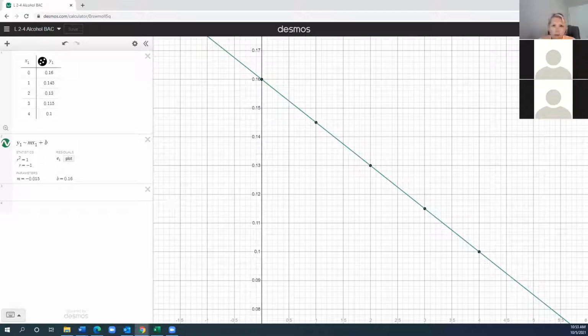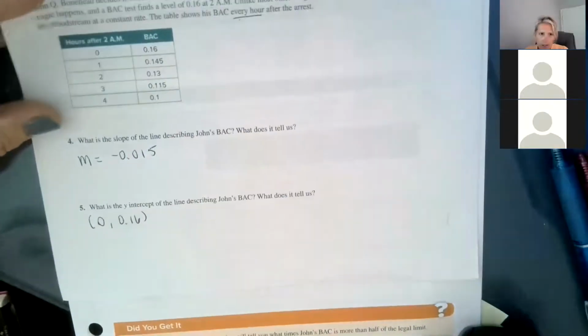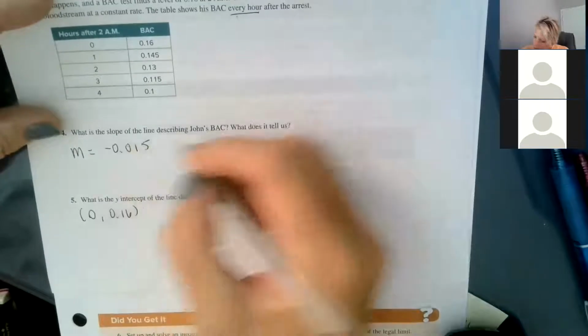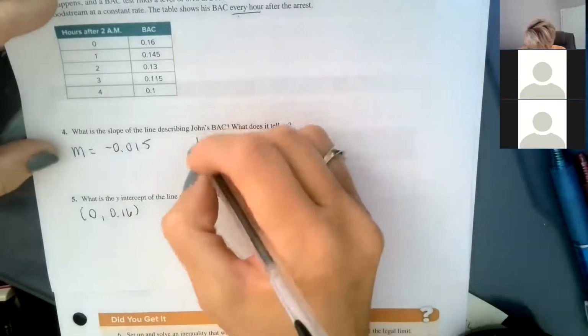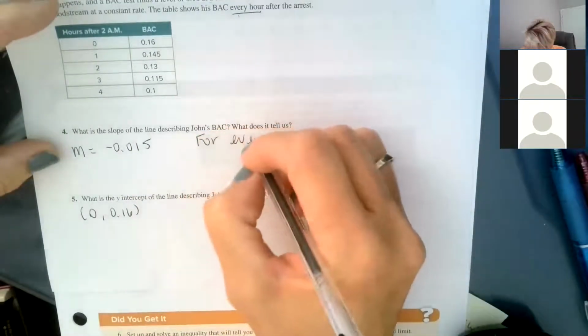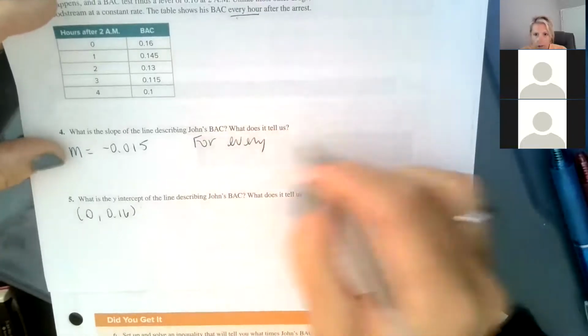Okay, so let's go back to our paper and just write out what these mean. So for our slope, everybody should be following this description, formally how to write this.